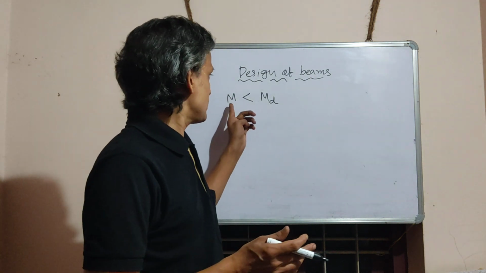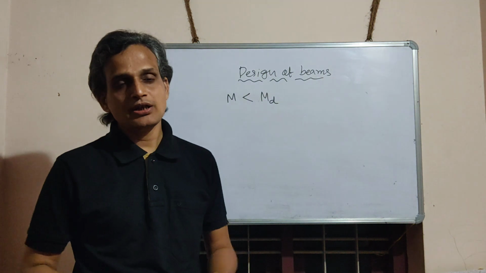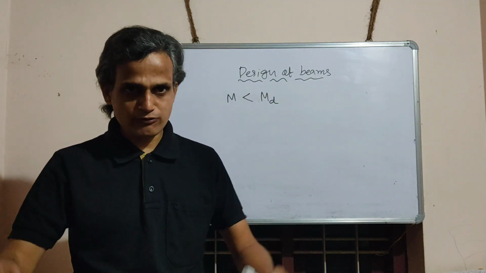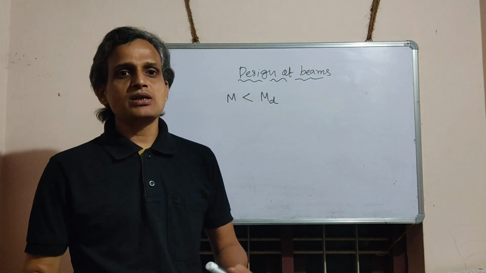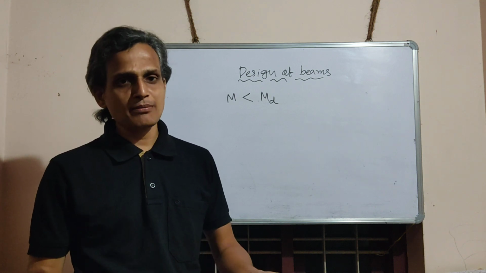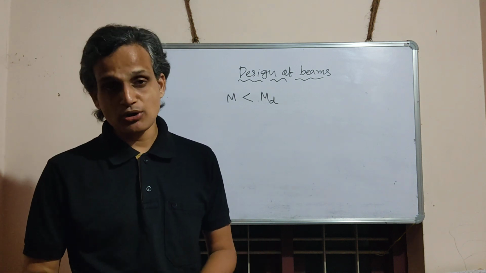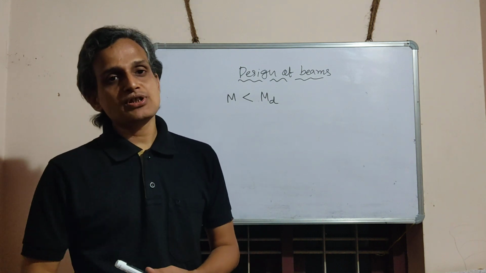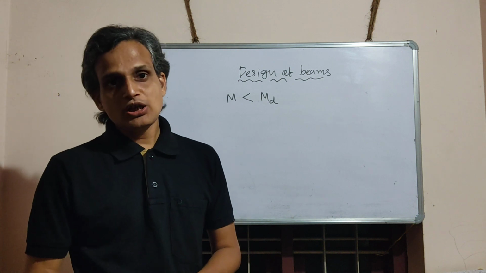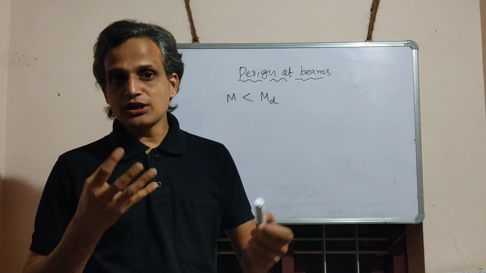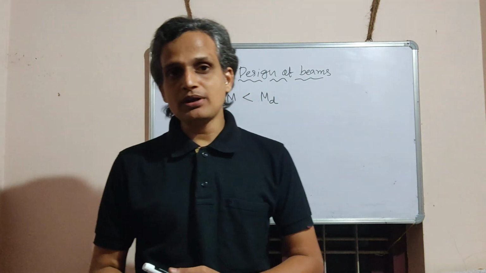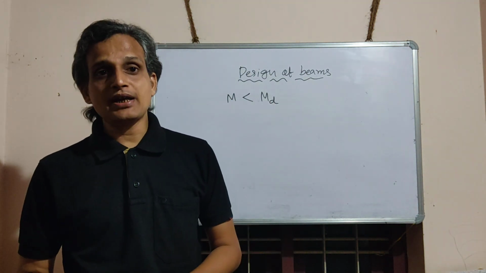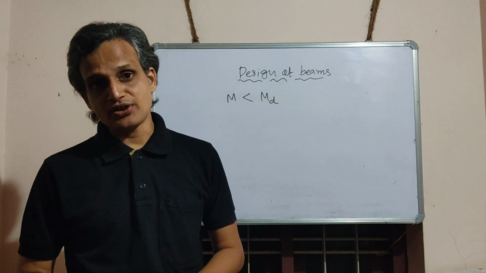We can easily calculate the design moment depending upon the boundary condition, span, and nature of the beam. For a simply supported beam, we all know the bending moment. The maximum bending moment is WL square by 8. The maximum shear force is WL by 2. So, the maximum bending moment coming on this beam should be less than the moment carrying capacity of the given section.